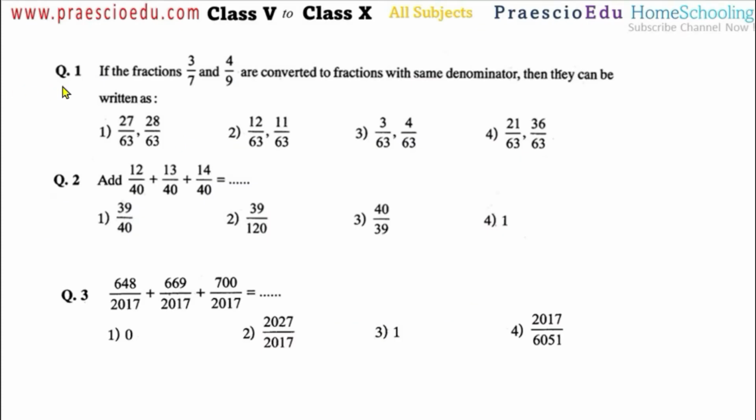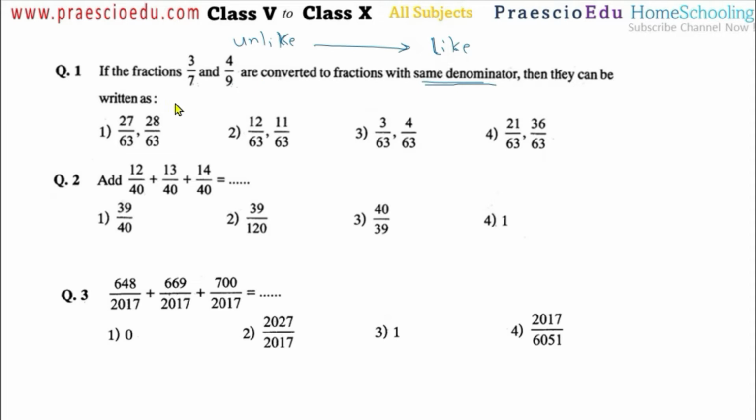The question number 1 is here. If the fractions 3 by 7 and 4 by 9 are converted to fractions with the same denominator. Same denominator means this is the like fraction. We have to convert it. Now both the denominators are different, means these are unlike fractions, and we have to convert them to like fractions.